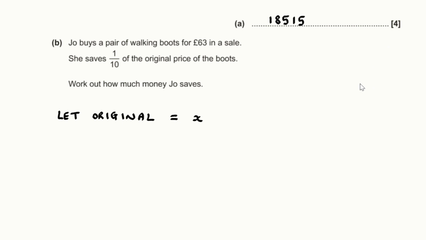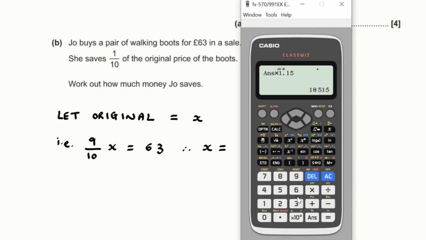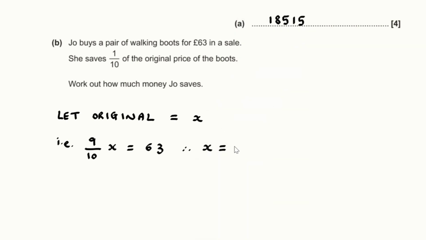We begin by letting the original price equal x. So if we save 1/10, that means 9/10 of the original x gives us 63. So if we find out what the original price is, x, 63 divided by 0.9 is 70. So the original price is £70.